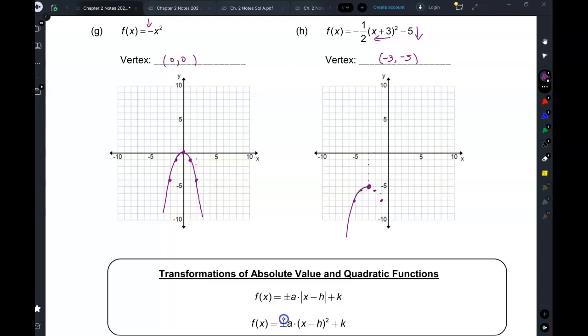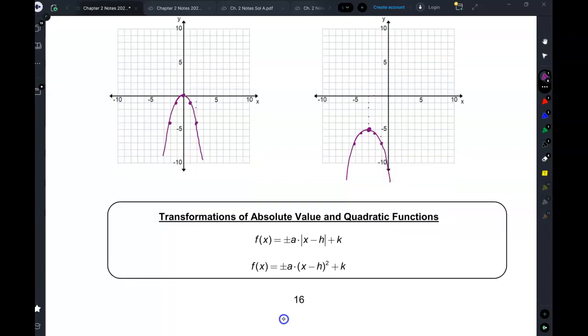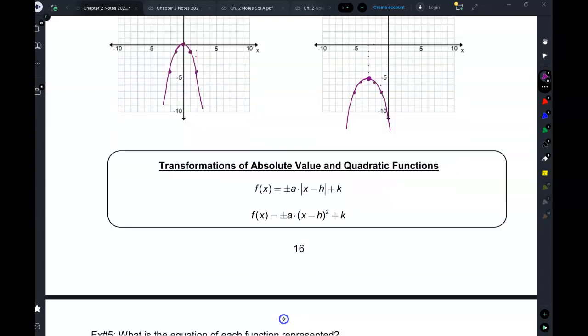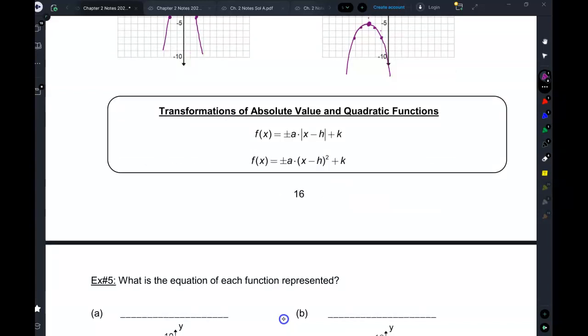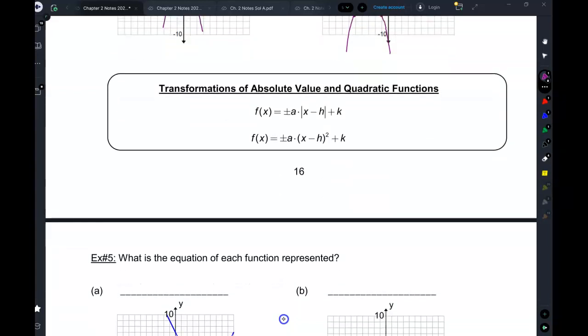Okay, now. Let's talk about one other thing, and then I want to talk about domain and range. Okay, because I know we love domain and range. So take a look at this summary of transformations. Look at the absolute value function. Look at the quadratic function.